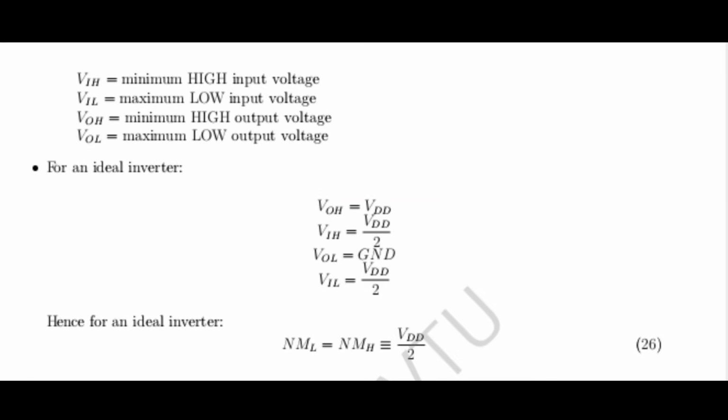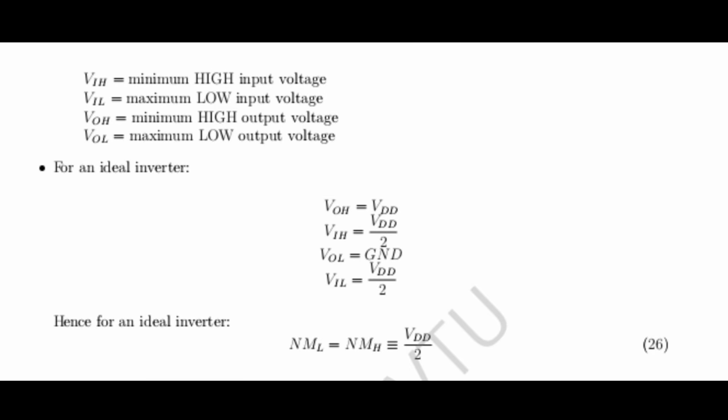So for an ideal inverter, these are the values. Hence for an ideal inverter, NML equals NMH, which equals VDD by 2.